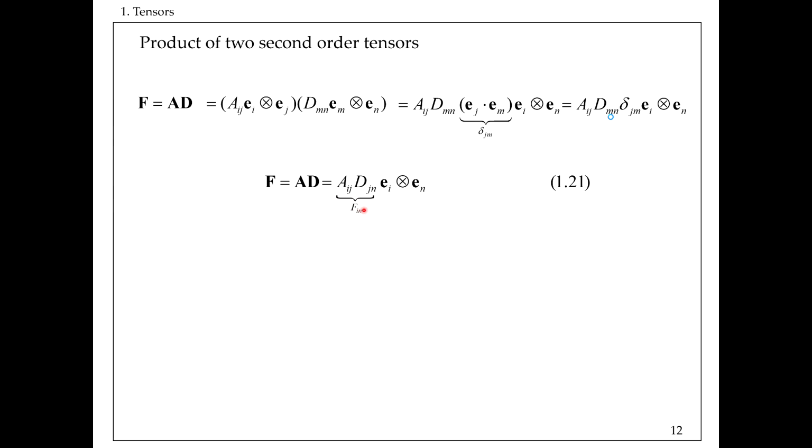And you can see again, just to recall, that i and n are the free indexes in this index notation, and j here is the repeating index. And so in this index notation for the components, we again have a summation over j.